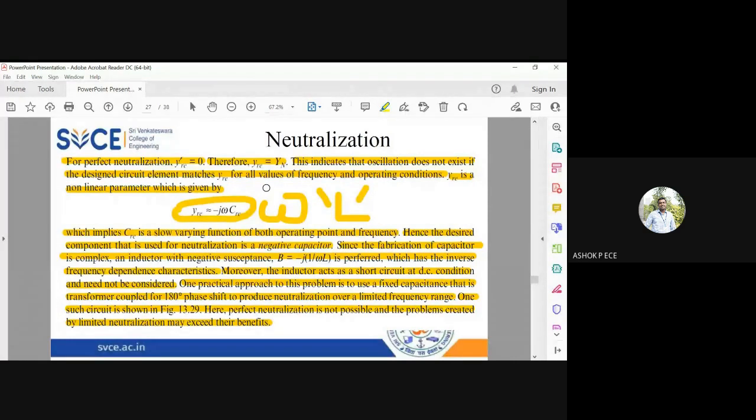I have to add to it a signal which is equal in magnitude but opposite in phase. So I have two options, L and C, and fabrication of a capacitor is difficult, so we went with L, but L has an issue with short circuiting DC. So we are again back to capacitance. But how to generate the negative value of feedback?